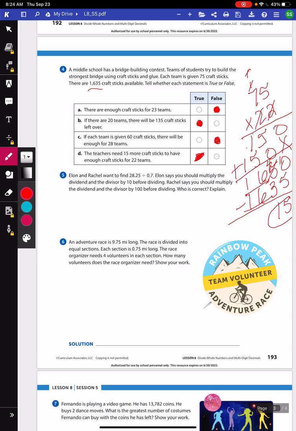So before dividing, if I put 28 and 25 hundredths inside of my house and 7 tenths outside, I have to move my decimal 1 time to the right, and that means I'm multiplying by 10. And when I do the outside, I've got to do the inside, so I'm multiplying by 10. So Elon says you should multiply the dividend and the divisor by 10 before dividing. So we did that. Now Rachel says you should multiply the dividend and the divisor by 100 before dividing. Who is correct?